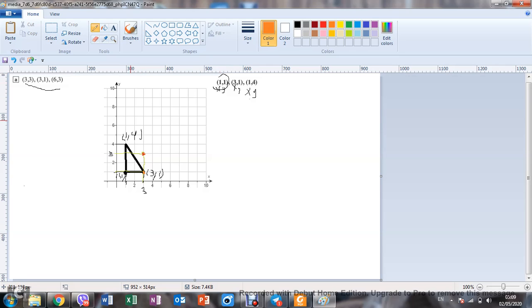So the third one is 6 and 3. Okay, 6 and 3. Where is 6? This 6 means x is 6. I draw a line from 6 so I don't make a mistake.